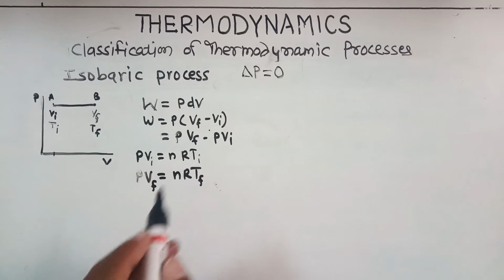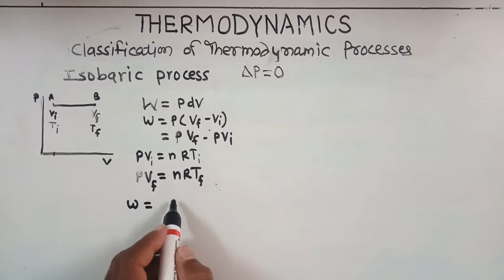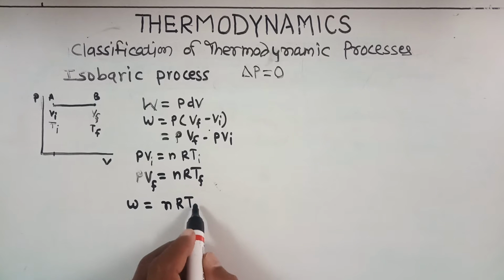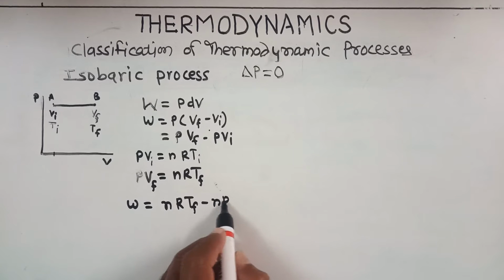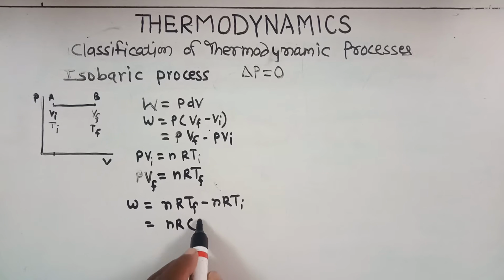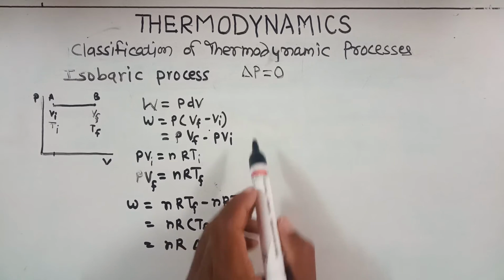Now let us substitute these values in this equation to get the equation for work done. W is equal to P into Vf, which is equal to nRTf, minus P into Vi, which is equal to nRTi. So we get nR, that is the constant, into Tf minus Ti, where Tf minus Ti is nothing but the change in temperature del T. So the work done W is equal to nR del T.